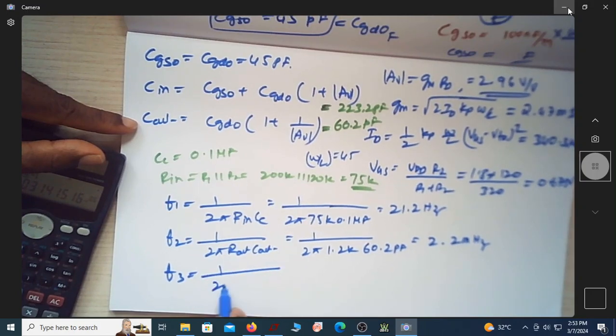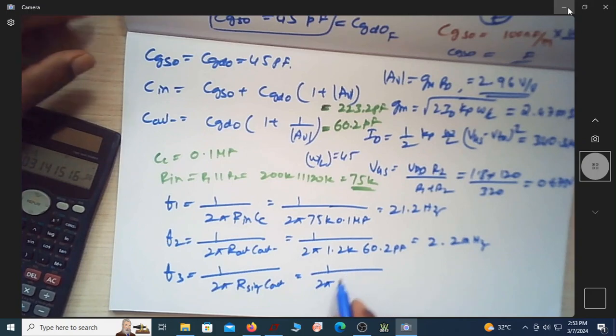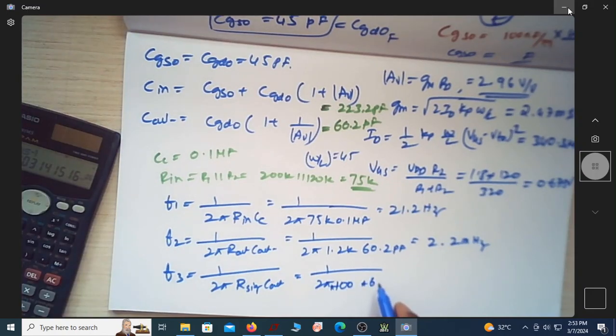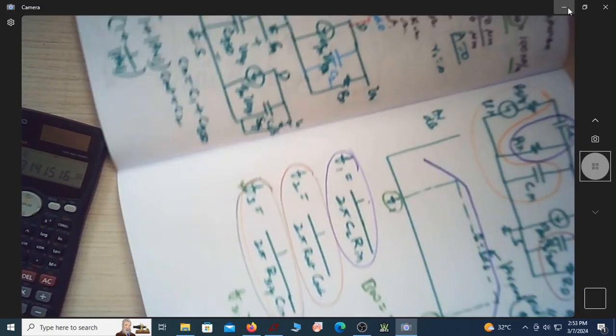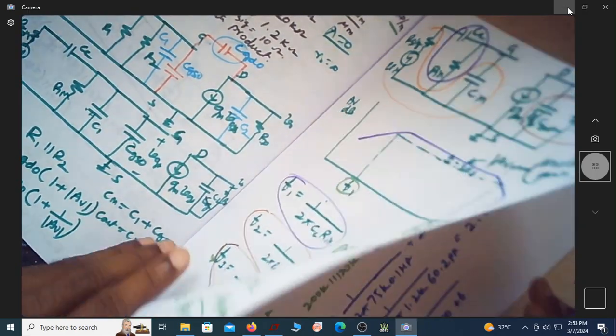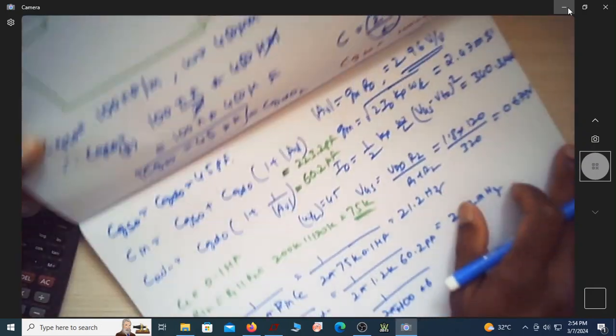It is 1 over 2 pi R signal into C out. It is 1 over 2 pi R signal. How much is R signal? I think it is 100 ohm multiplied by C out is, sorry, this is not C out, this is actually C in. Sorry for that. R signal into C in, because here these two. So this is what is F3. It's not R signal into C out, it's actually R signal into C in.